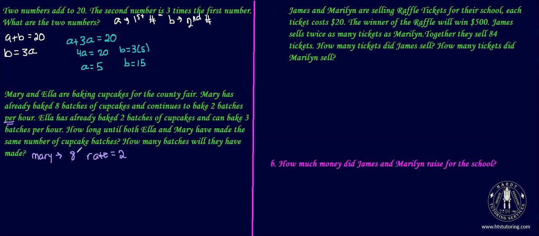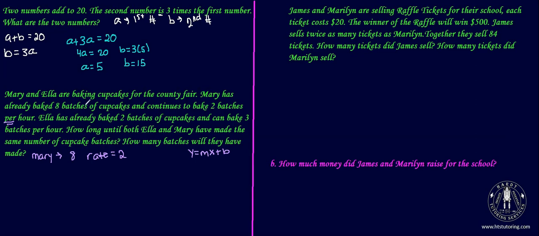And if we think back to our linear equations, our y equals mx plus b is perfect for when we have a rate, because that's our slope, and a b value. Our starting value is our b. So I'm going to use descriptive variables.